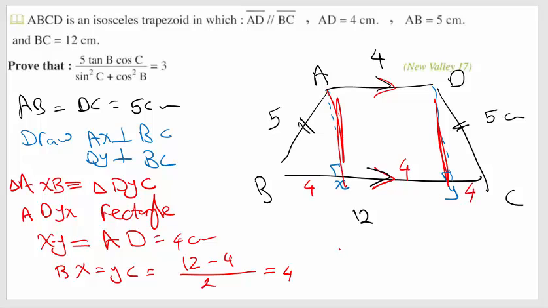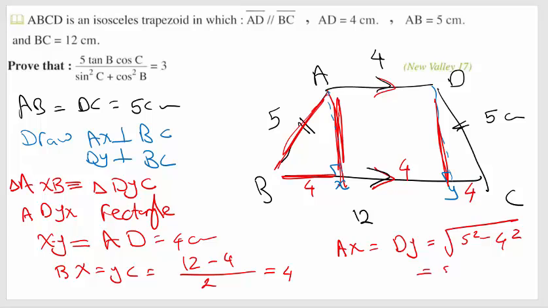The last point is to get AX, which is equal to DY. This is in the right angle triangle ABX, where AB is the hypotenuse, so it will be the square root of 5 to the power of 2 minus 4 to the power of 2, which is 3. Now I got all my sides. Let's start again after putting in your sides.